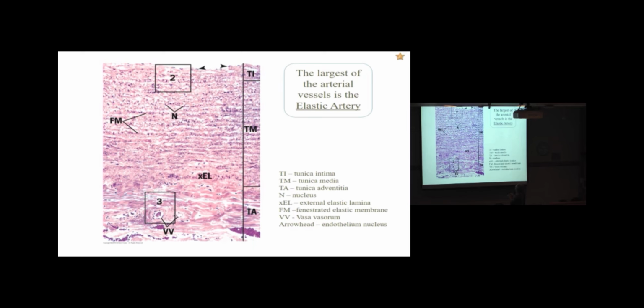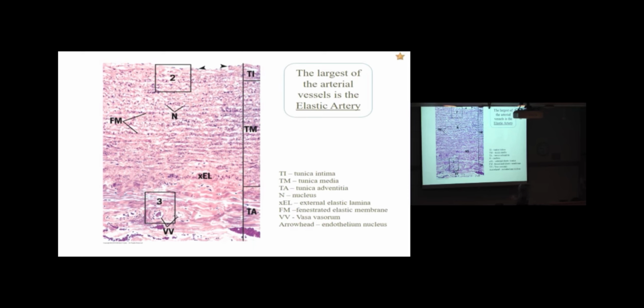And you can see they're so big that you can see them at an H&E level. They're fenestrated, which means they have holes, but they're like sheets, really. In between these lamellae are mostly smooth muscle cells, lots and lots of smooth muscle cells. In arteries, smooth muscle cells are arranged circumferentially.